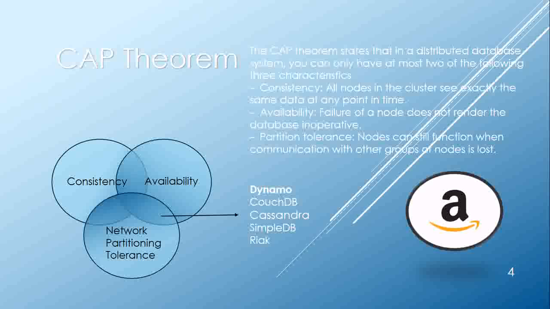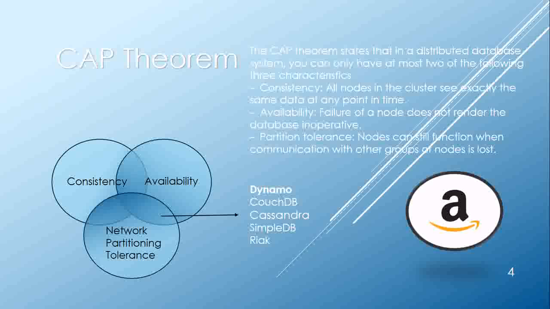All nodes in the cluster see exactly the same data at any point in time. What is availability? Failure of a node does not render the database inoperative. That means even if a node crashes, the other nodes support it, and there is availability all the time. Partition tolerance means nodes can still function when communication with other groups of nodes is lost.